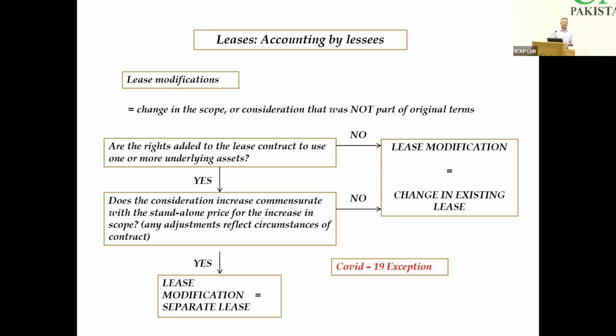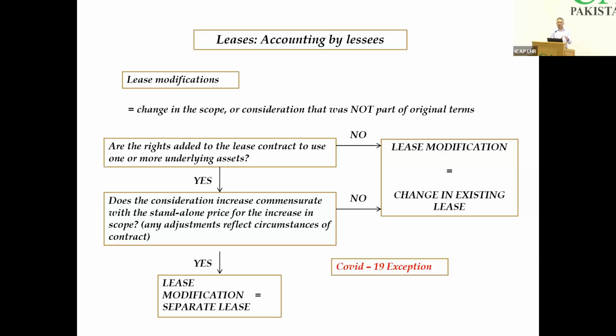There's no incentive because you are already leasing some part and now you are going for another part, or no additional payment being made. That is, the additional part is also attracting the additional rental, and the additional rental is at standalone selling price. If the answer is yes, then the additional part or the increase in scope of the asset should be accounted for as a separate lease.